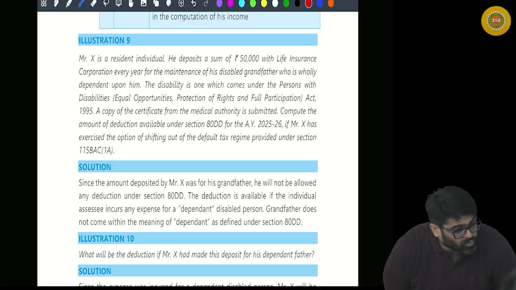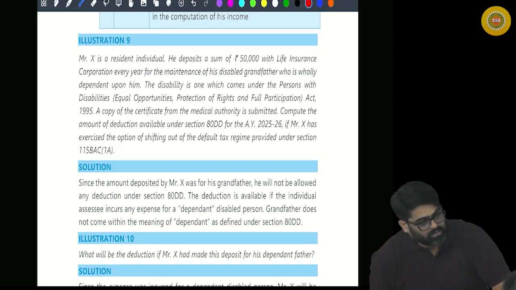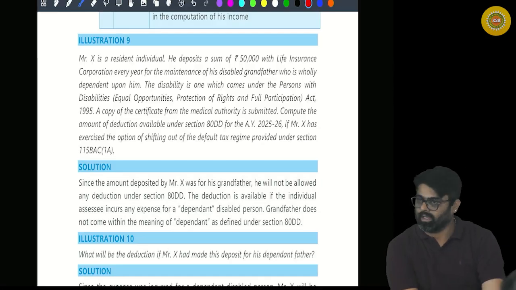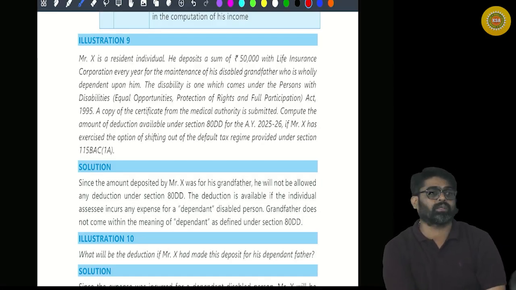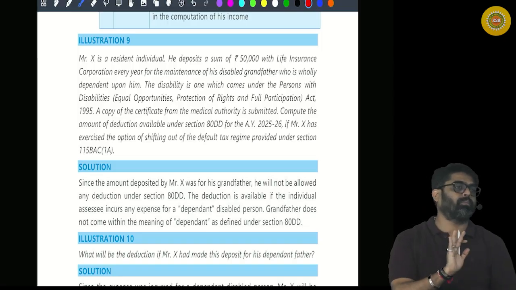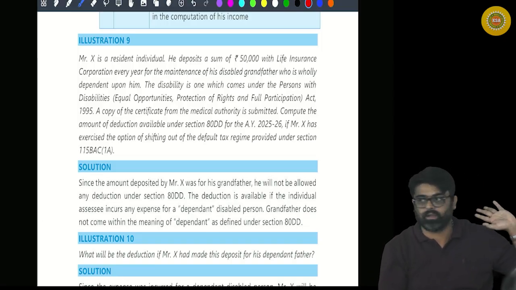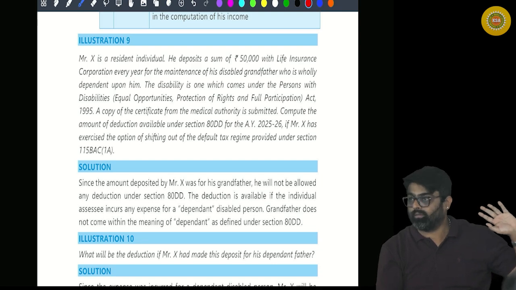But for that you should be a resident. Assessee must be a resident. So are you a resident? Yes. Incurring any expenditure on your handicap dependent relative? Yes. But see, handicap means physical or mental disability specified in rule 11D.